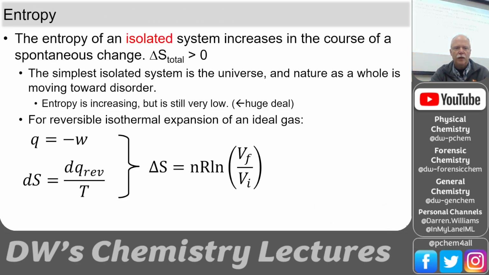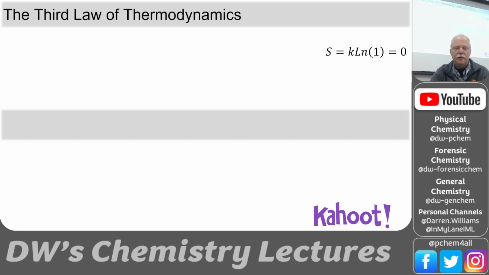Okay, so then let's look at the third law of thermodynamics. And honestly, this right here is all you really need to think about in terms of the third law. You guys just did a whole test on this. When the temperature goes to 0, what happens to Q? It goes to 1, right?